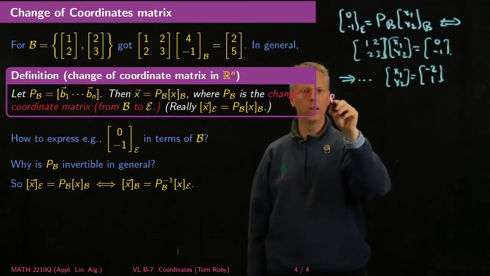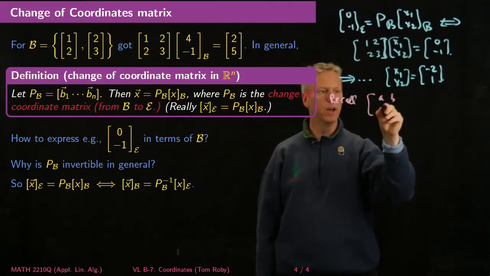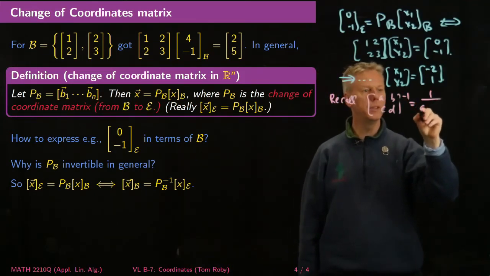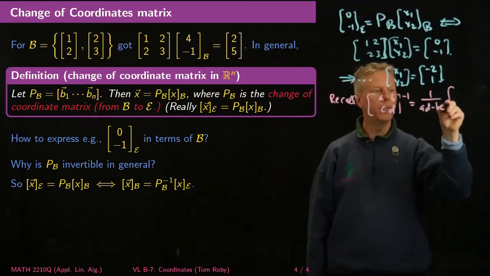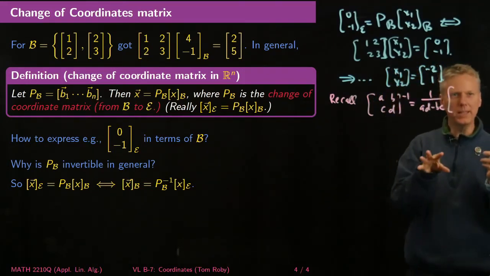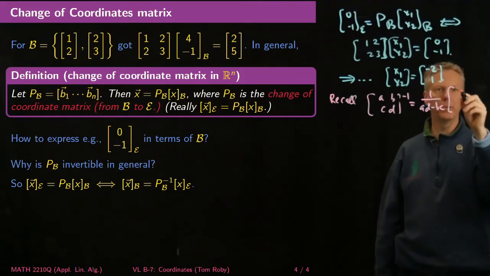Recall that if I want to know the inverse of a 2 by 2 matrix, what is that? Well, I have to divide by the determinant, and then I have to negate something and swap some things around. If you don't remember, you can always try it one way or the other.